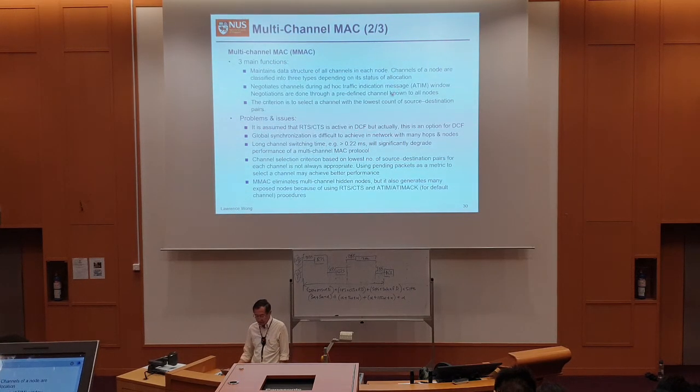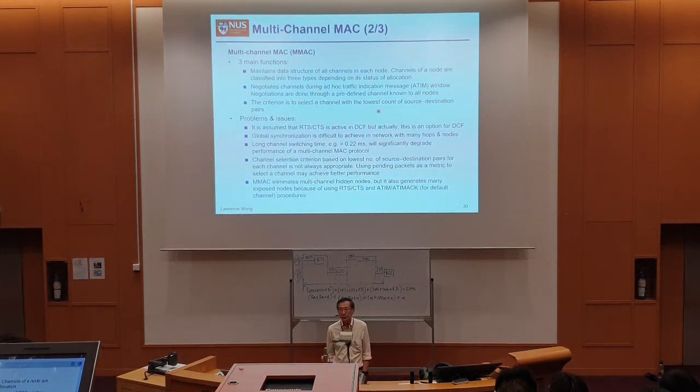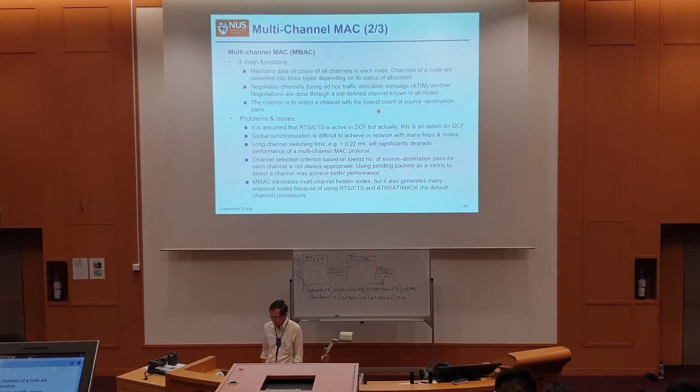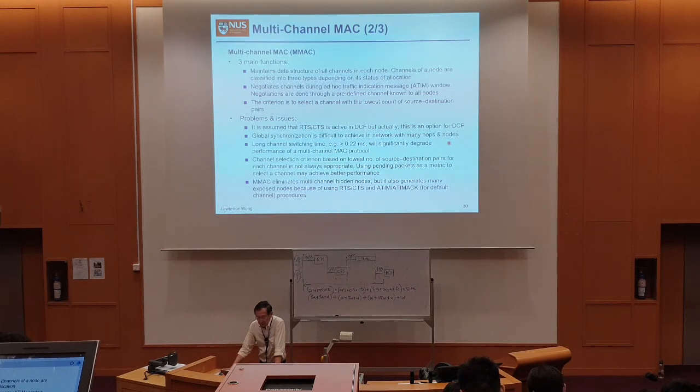So the criteria is to select a channel with the lowest count of source destination pairs. That means less traffic, hopefully. Okay. But again, there are problems and issues. The RTS, CTS do not adequately deal with this channel separation problem.